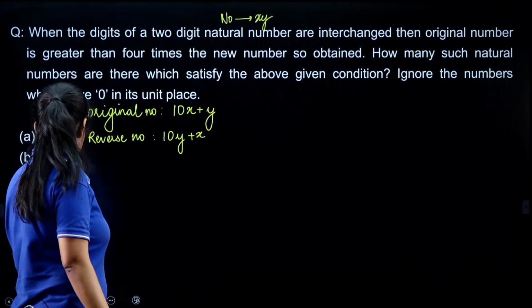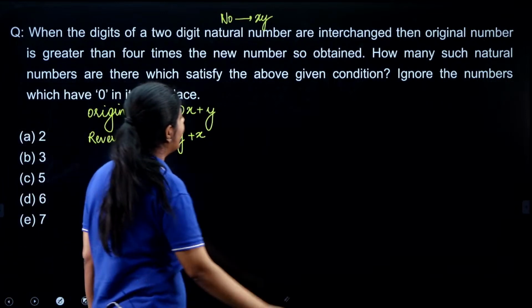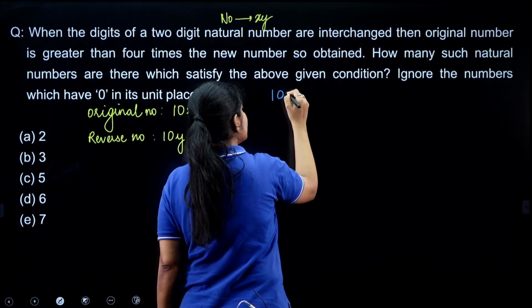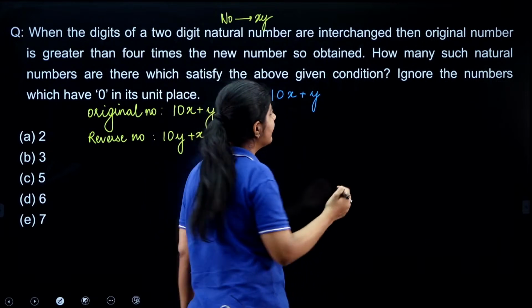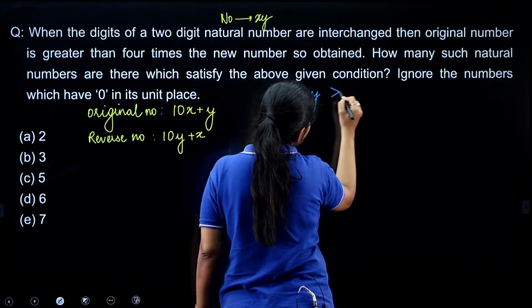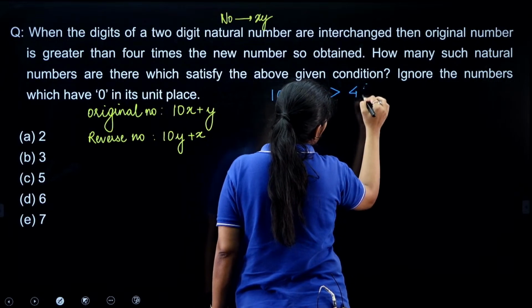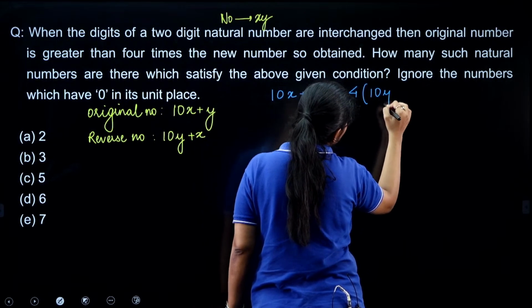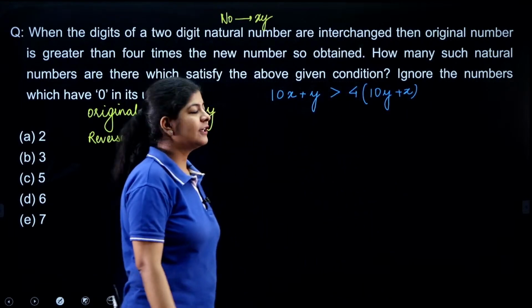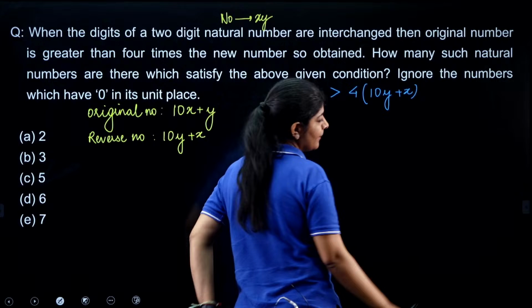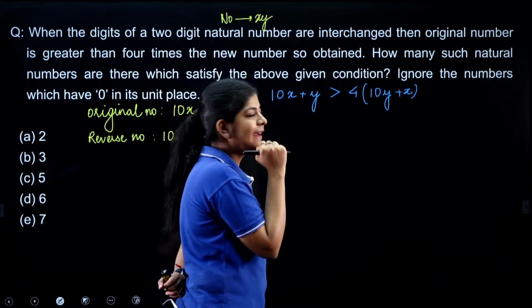According to the question, the condition says that if I interchange this, then the original number is greater than 4 times the interchanged number, right? Now I just need to simplify this.